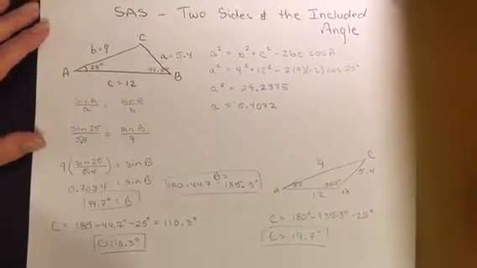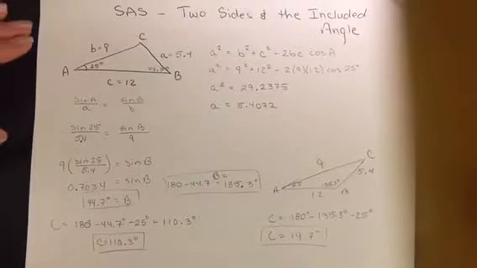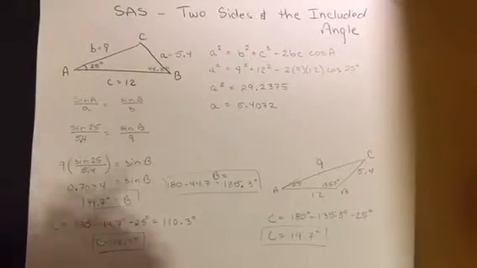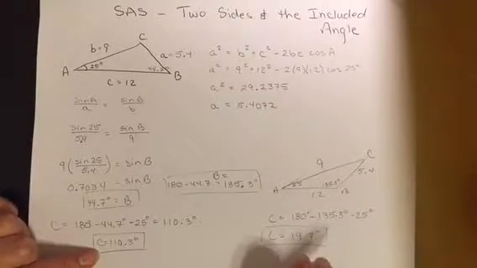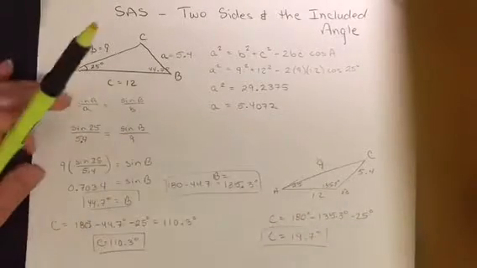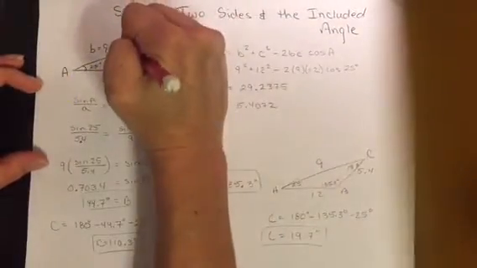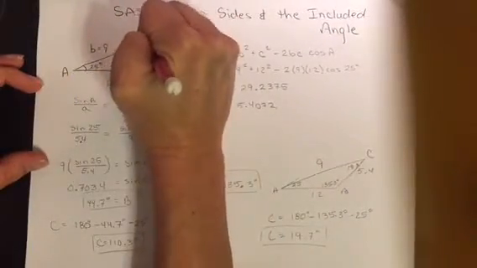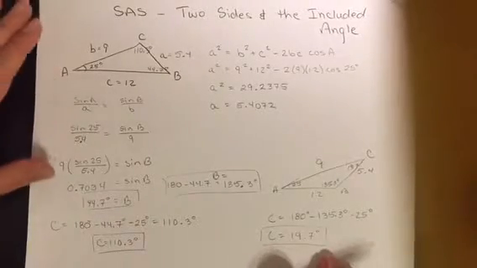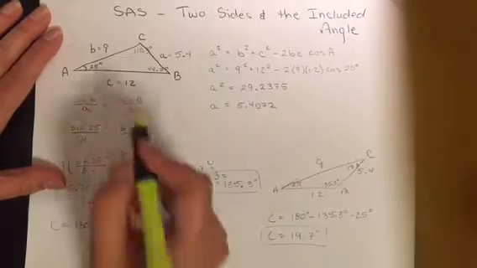And then we just have to use a little bit of logic and reasoning here. So let me go ahead and get a highlighter. All right, so these are our two possibilities. Now we're going to look back at both of the triangles we've created. And remember, the sides are proportional.